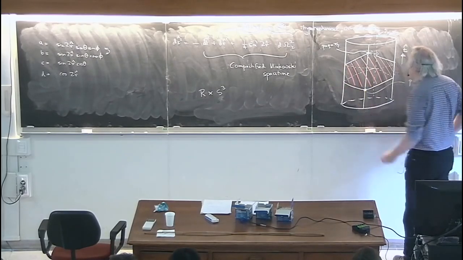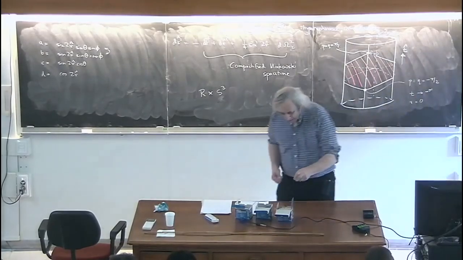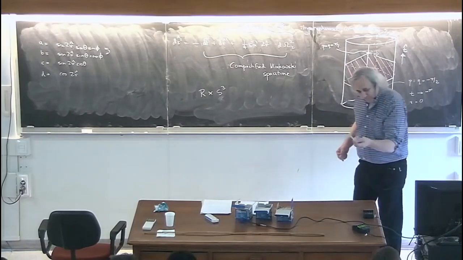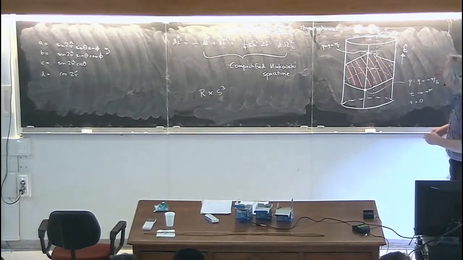And on the back of the cylinder, let's see if I can get this right, it will be shaded in a hideous lime green color, and it looks something like this.